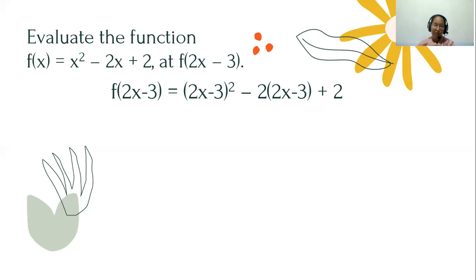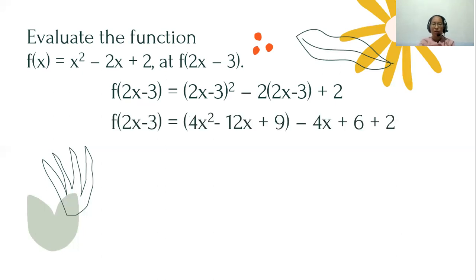With the second term of the expression, you need to multiply negative 2 to 2x and to negative 3 respectively. And with the last one, just copy it. So you will have 4x squared minus 12x plus 9 as the value of raising 2x minus 3 to the second power, and multiplying negative 2 to the terms inside the parentheses, we have negative 4x plus 6, then plus 2.